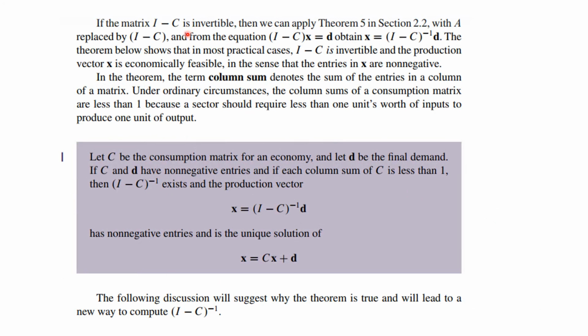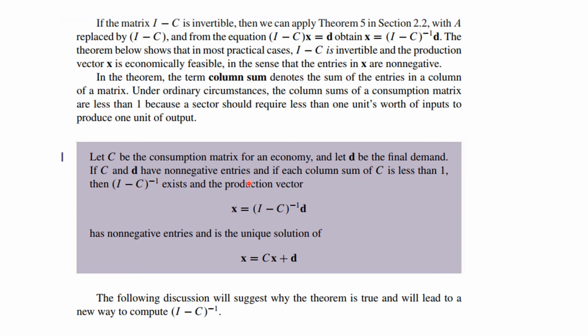Now, if the matrix I minus C is invertible, and we are talking about invertible matrices in the coming week, then we can apply Theorem 5. Let's just read the theorem here. Let C be the consumption matrix and D be the final demand.